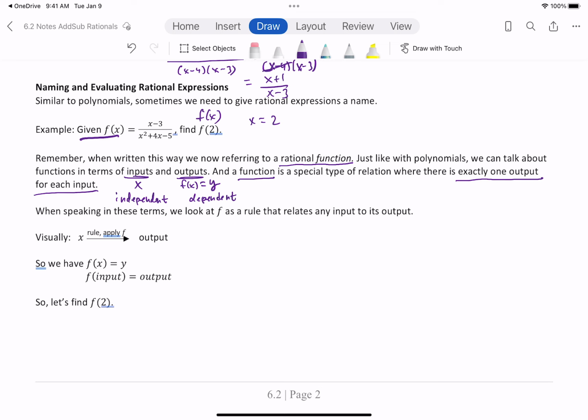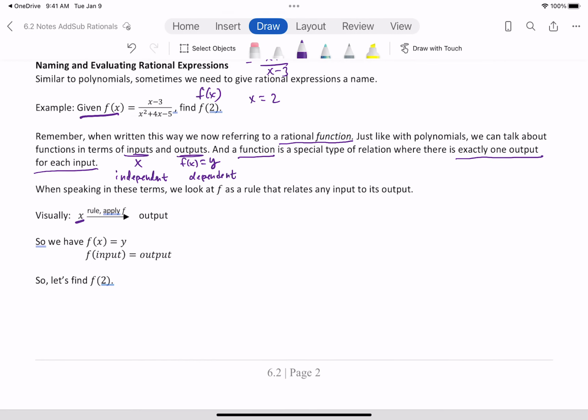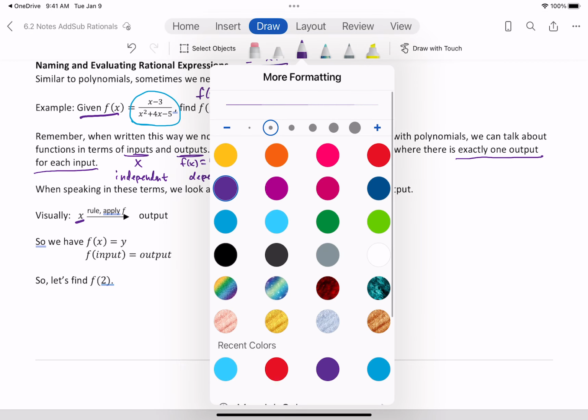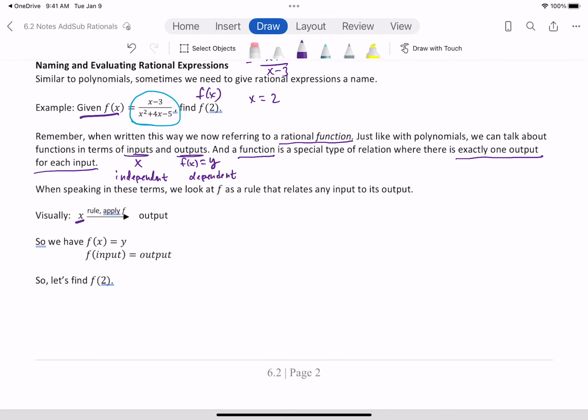So what's happening visually is, if I give you a value for x, we're going to apply the rule f, and the rule f is this rational expression that we gave you, and see what we get out.